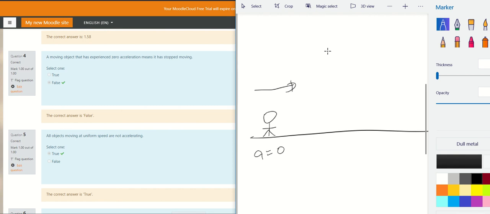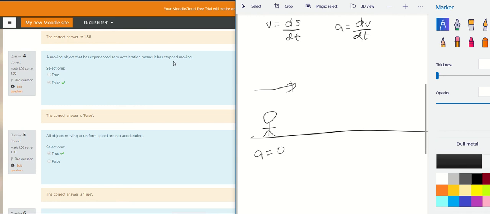Remember that velocity is the change in displacement over change in time, right? And also remember that acceleration is the change in velocity over change in time. So it says here that an object that has experienced zero acceleration means stop moving.